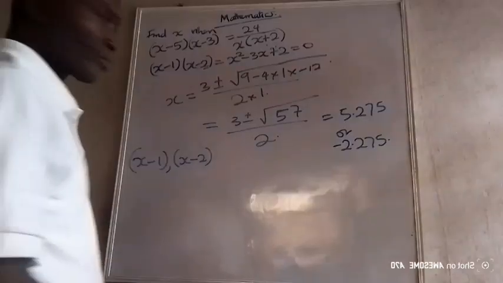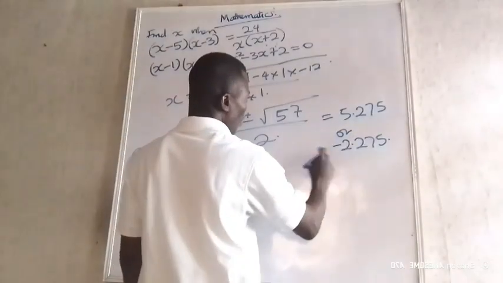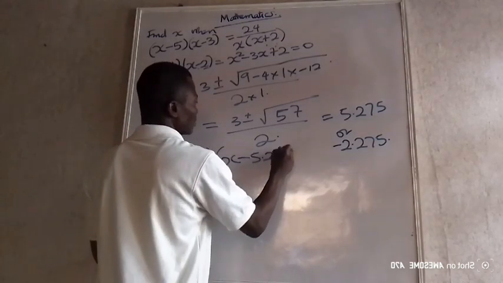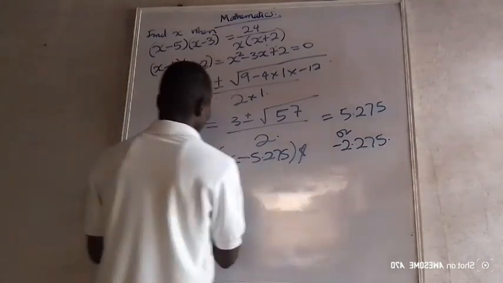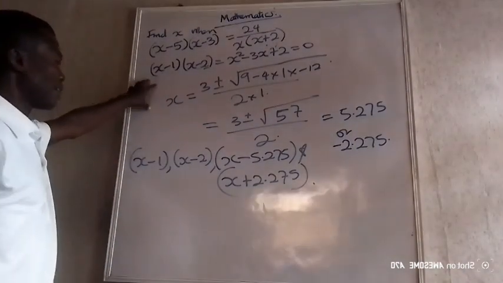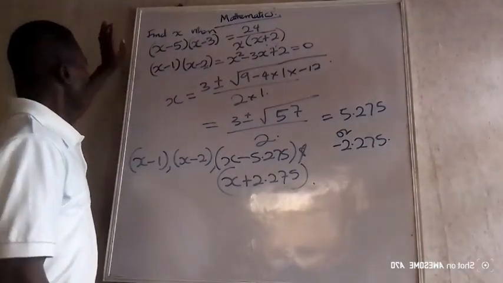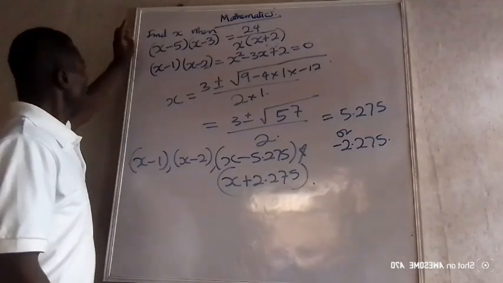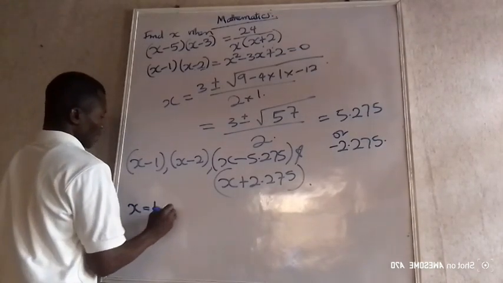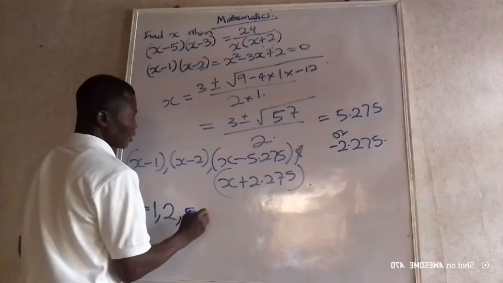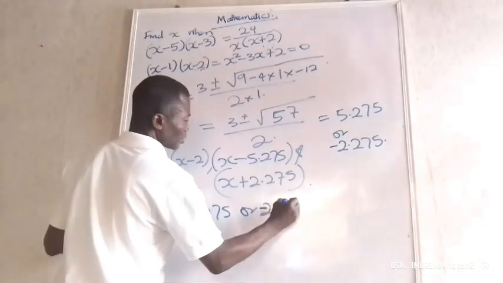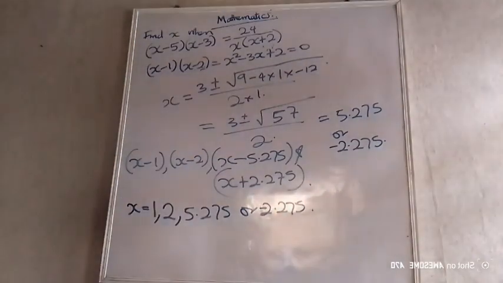So the other two values are the values of x for this equation. So with this, you can see that x is equal to 1, 2, 5.275 or minus 2.275. Thank you. Thank you very much.